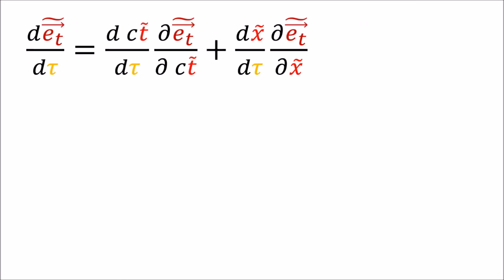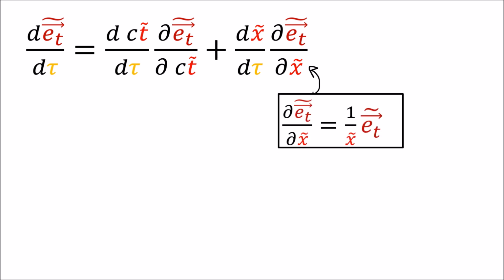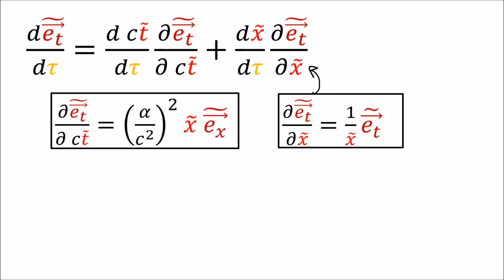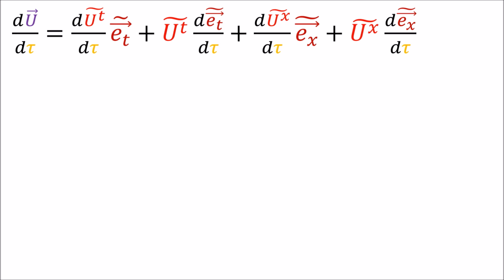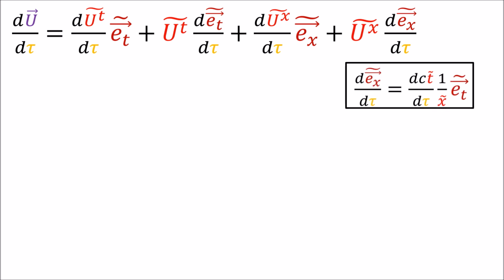So given the chain rule expansion of d e t tilde by d tau, if we sub in the basis vector derivatives that we calculated in the direction of the coordinate variables, we get the full expression for this derivative here. So going back to our original covariant derivative of u with respect to tau, we already had the e x tilde derivative from before.